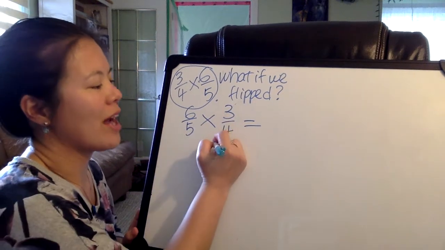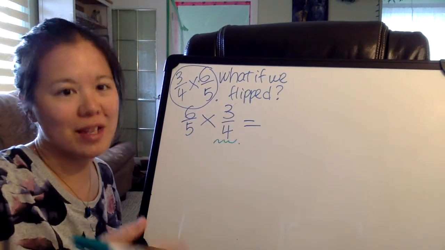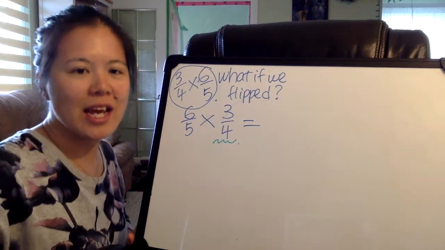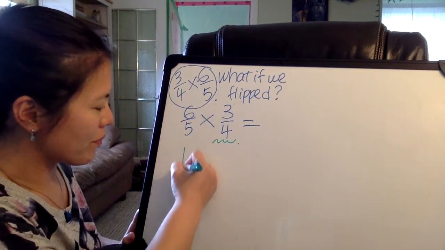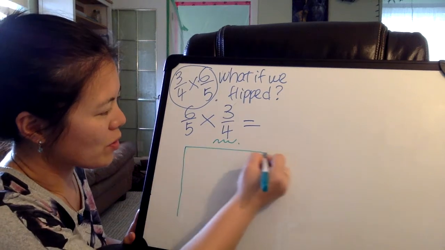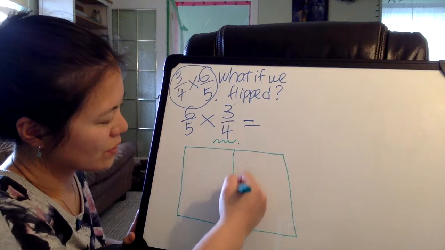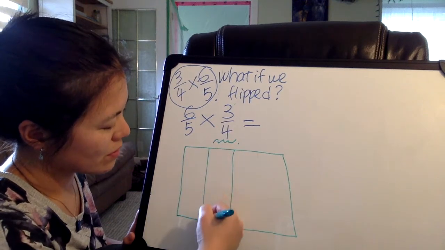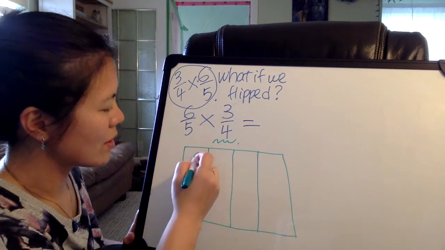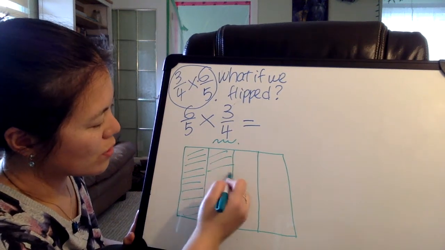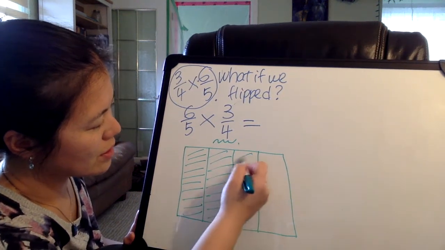So now we're going to look at the second one, because remember we've been using the second one as a base to represent using an area model. So I am going to represent my 3/4. That's my 3/4.